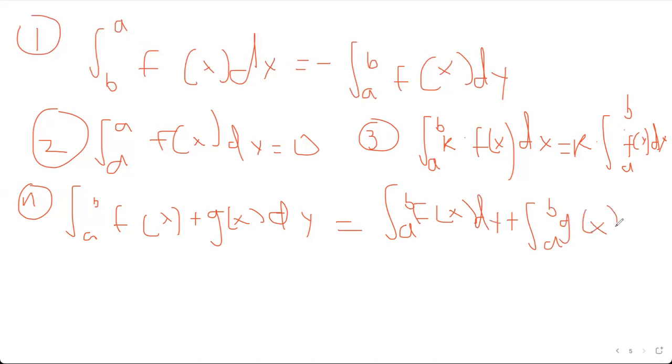Basically saying when you have an integral that is the addition or subtraction, actually, this applies to subtraction as well. So I should probably put a plus or minus here. If it's an addition or subtraction of two other functions, you can separate it into two different integrals and then take the antiderivatives of each one of those.